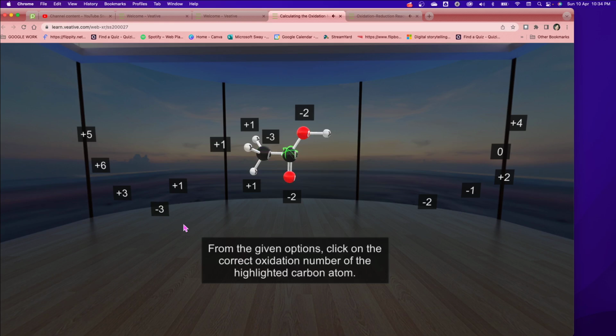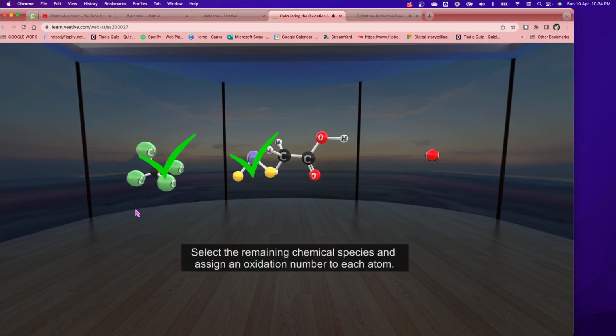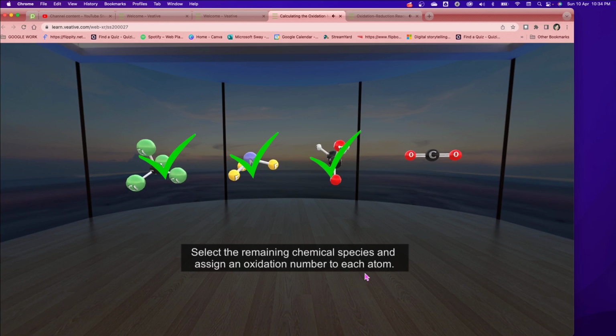From the given options, click on the correct oxidation number of the highlighted carbon atom. Try again. Well done! You have selected the correct oxidation number of all the carbon atoms. Select the remaining chemical species and assign an oxidation number to each atom.